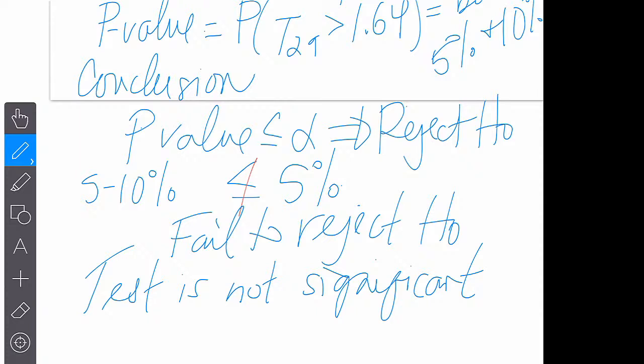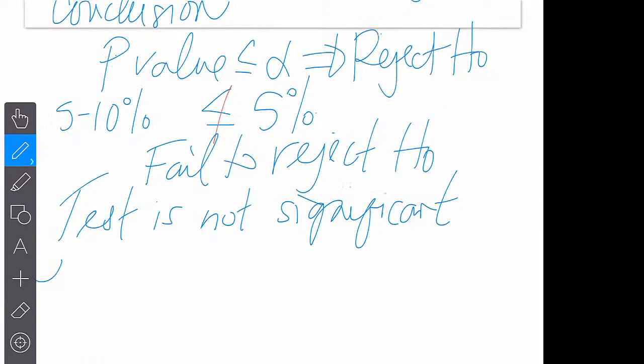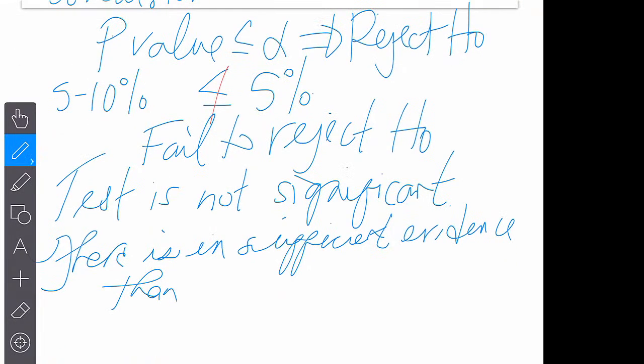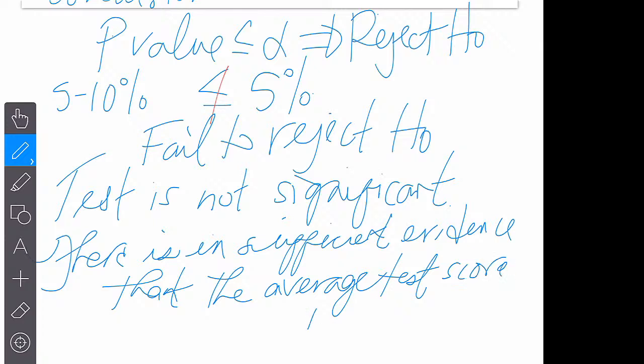Okay, so there is sufficient evidence to, no, there is insufficient evidence to suggest the test scores improved. Or the average test score improved.